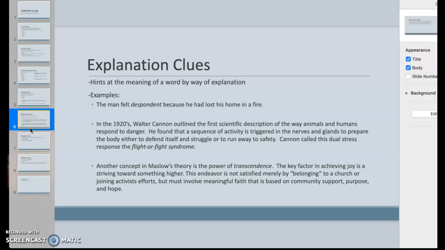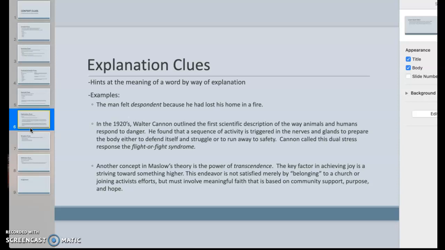The next example says, in the 1920s, Walter Cannon outlined the first scientific description of the way animals and humans respond to danger. He found that a sequence of activities is triggered in the nerves and glands to prepare the body to either defend itself and struggle or to run away to safety. Cannon called this dual stress response the fight or flight syndrome.